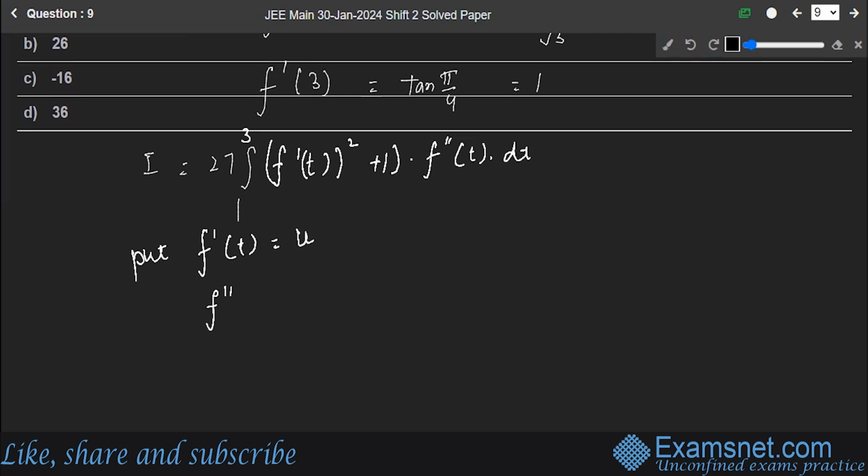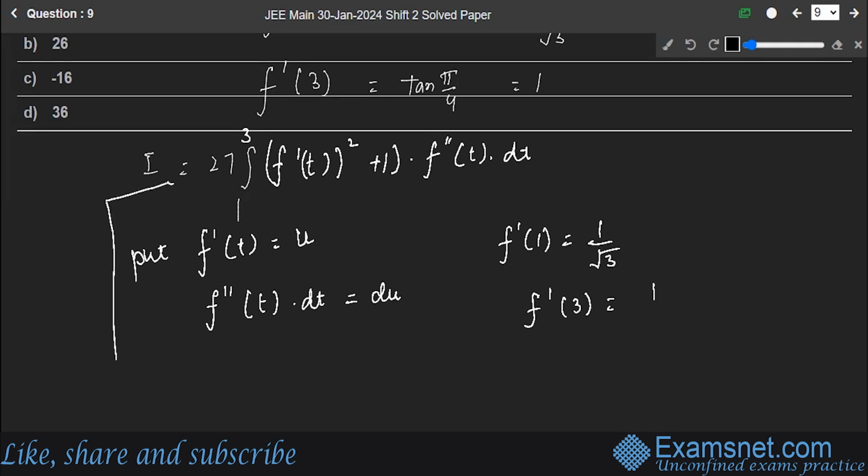So let's find the derivative of it, differentiating both sides. You will have f double dash t into dt is equal to du. Now the limits will also change because you have f dash 1 is equal to 1 upon root 3. Also, you have f dash of 3 is equal to 1.